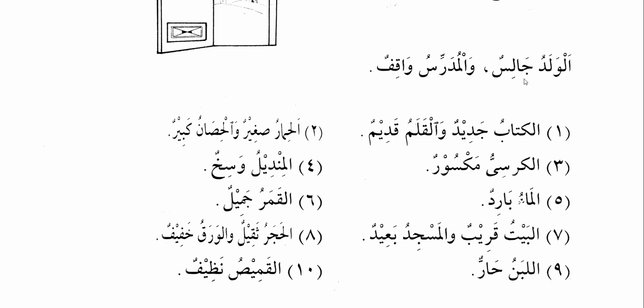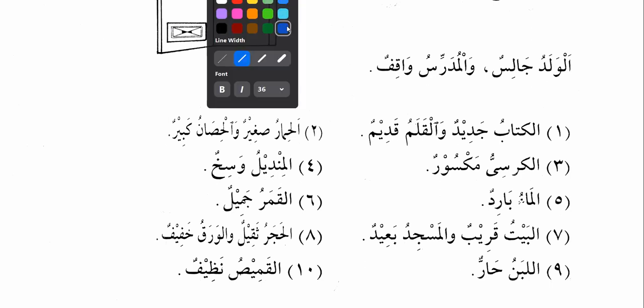Al-waladu jalisun. Walad means boy. And what does jalis mean? And jalis comes from the verb, which verb? Jalasa. Now, before I was explaining about ismun maf'ul, the action is done on some object, and the object on which the action is done is called ism maf'ul.